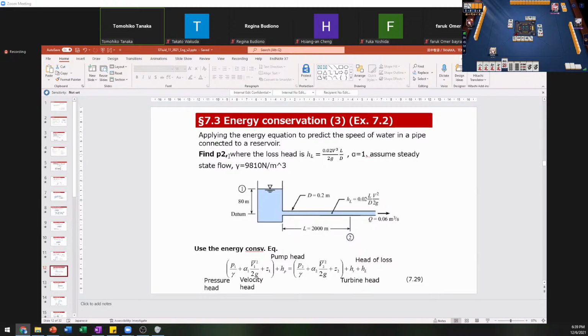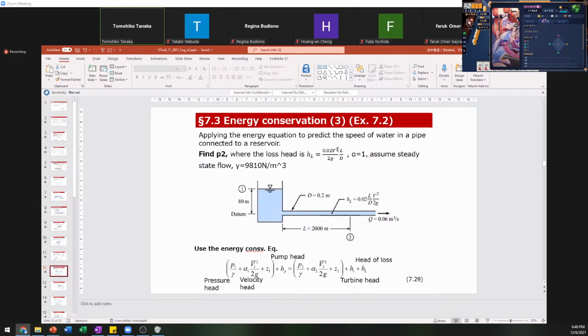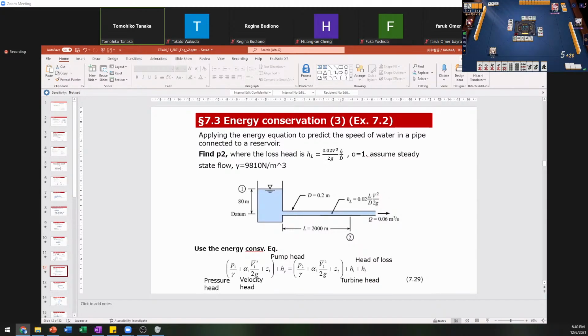And find the pressure at position 2, where the head loss is defined as here: HL equals 0.02 times V cubed over 2g times L over D. D is 0.2 and L is 2000. And alpha is equal to 1, which is a flat, uniform flow. And assume this flow is steady state.